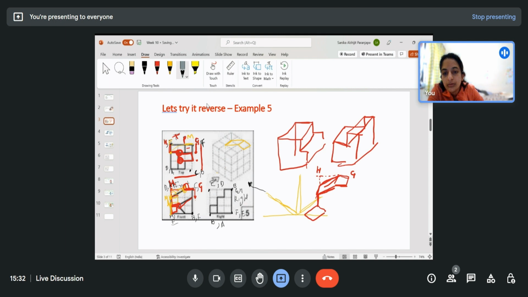From here I'll go down one step like this, and I'll have a block like this over here.